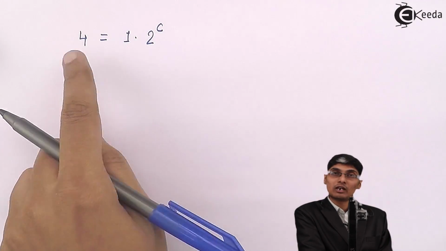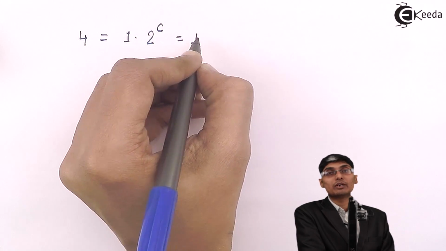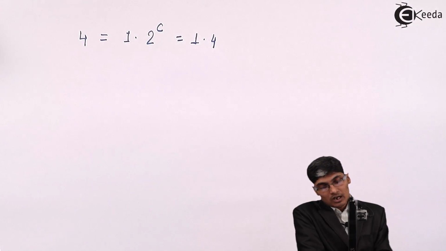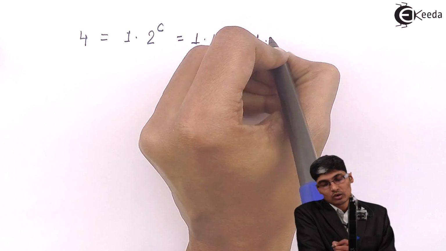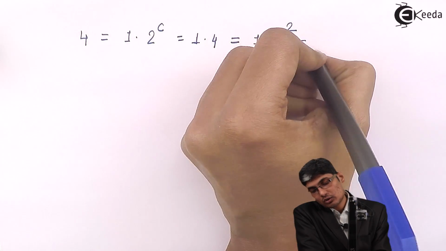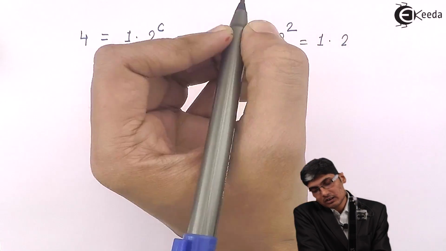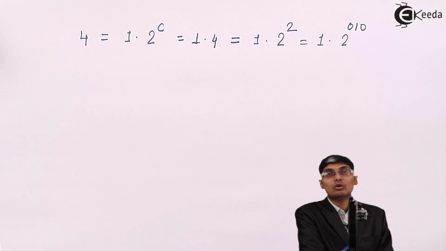So if I have 1 by 4, then only am I going to get the answer as 4. How can I get 1 by 4? I can write 1 by 2 raised to 2, which is again, if I represent it in 3 digits, 1 by 2 raised to 0, 1, 0.